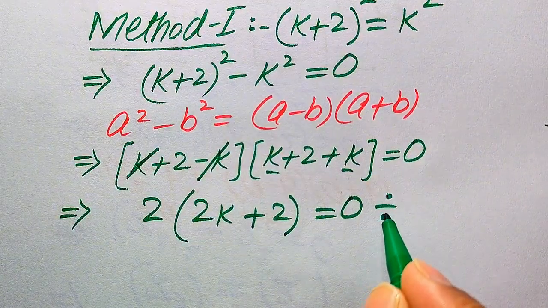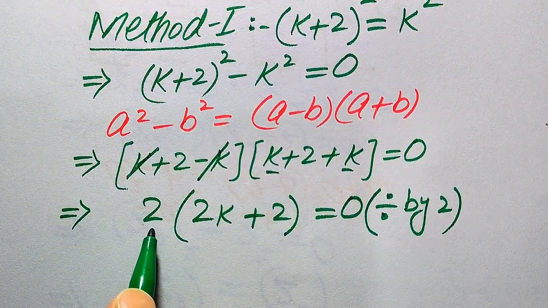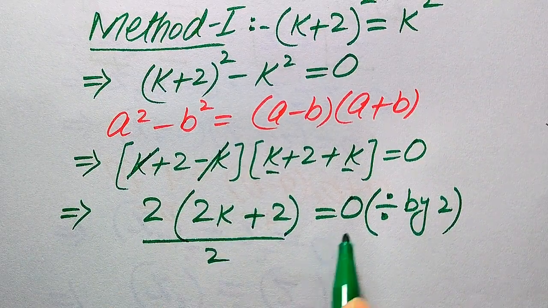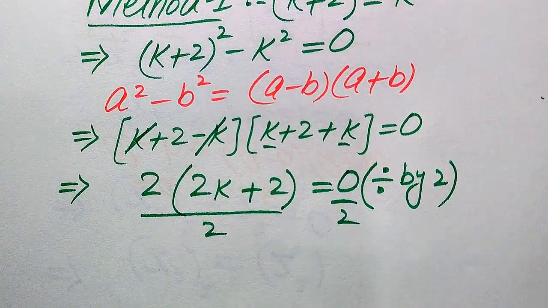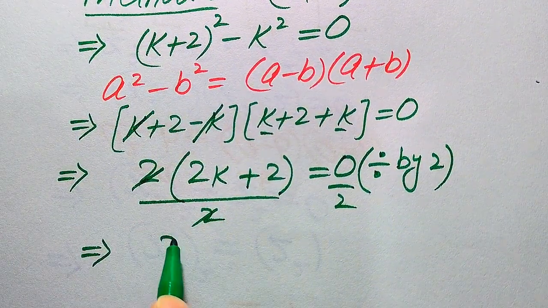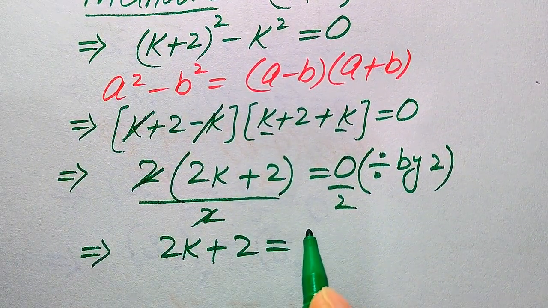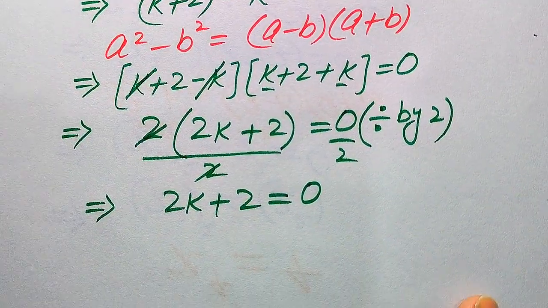And now in the next step we need to divide both of the sides by 2 in order to remove this 2 from here. So we divide both of the sides by 2, and this 2 and this 2 are gone, and the remaining is 2k + 2 = 0 divided by 2, which becomes 0.